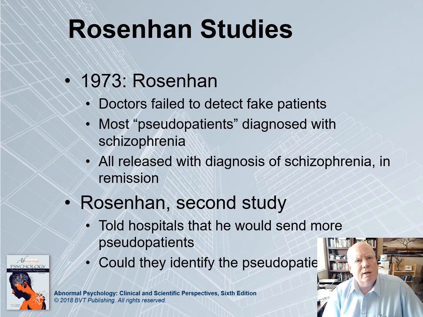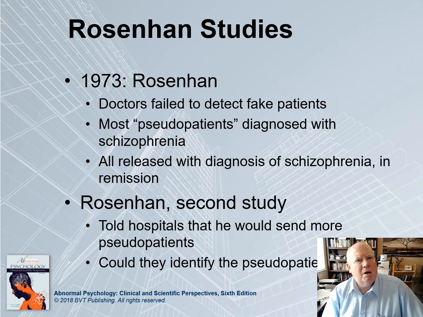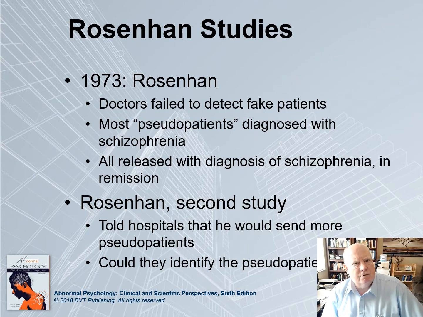They were hearing voices that said thud, hollow, and thump. Now that's not sufficient information based on the diagnostic manual for the diagnosis of schizophrenia. Now remember, this was DSM-II, and DSM-II didn't have very good reliability. But what Rosenhan found is that virtually everyone got a diagnosis of schizophrenia on the basis of this limited symptomatology.